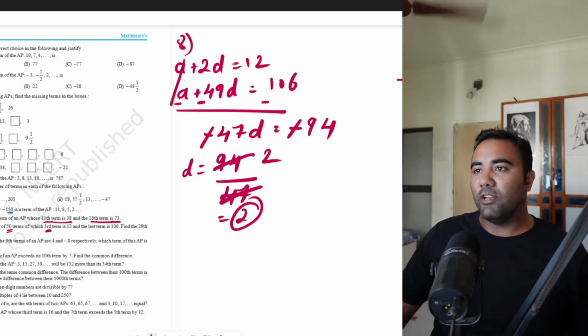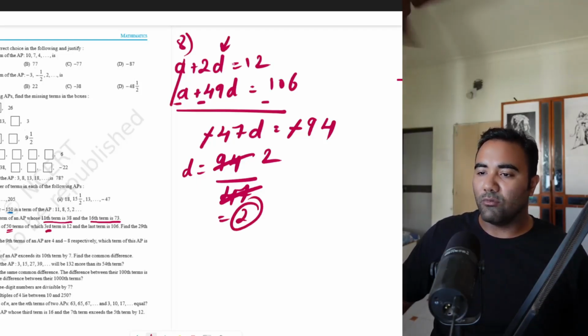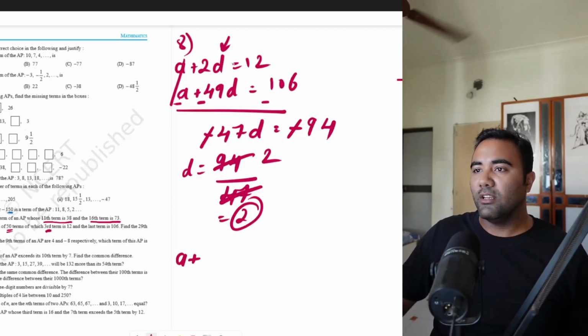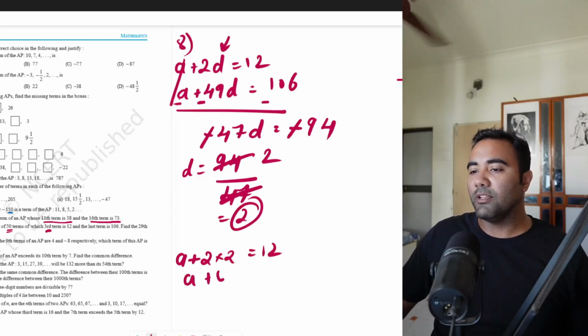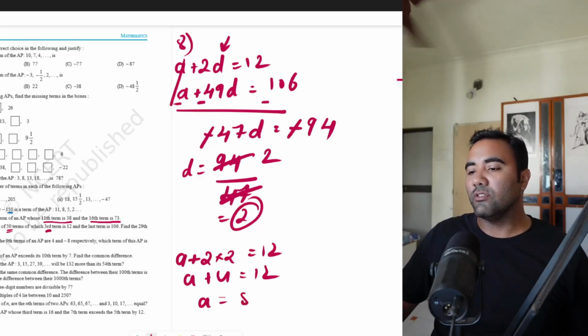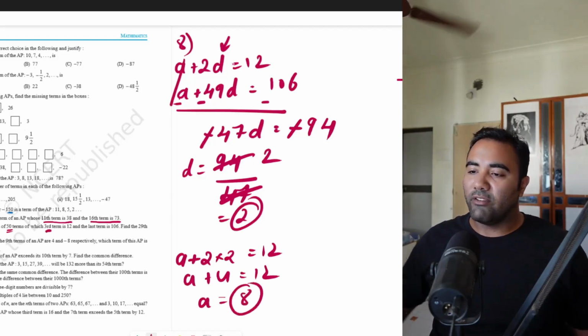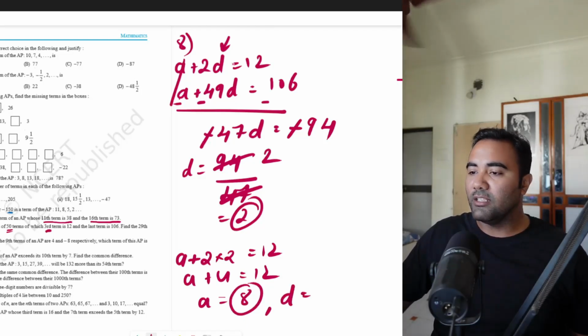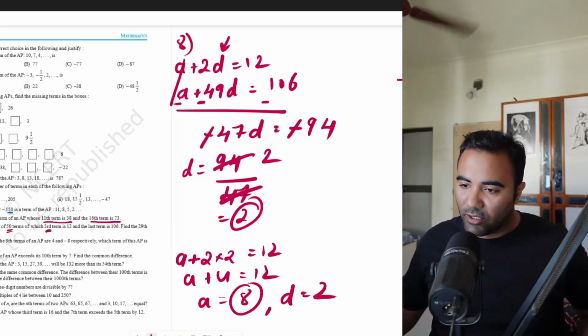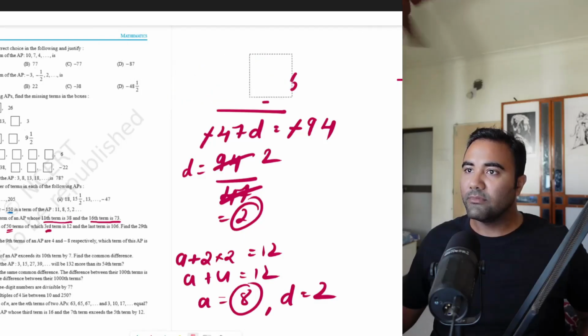Now if I put the value of d in equation number 1, what do I get? a plus 2 multiplied by 2 is equal to 12. So a plus 4 is equal to 12. a is equal to 12 minus 4, which is equal to 8. So now I have a is equal to 8 and d is equal to 2. Now things become easy.